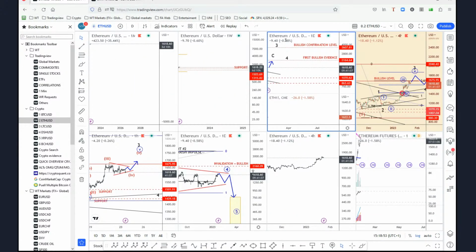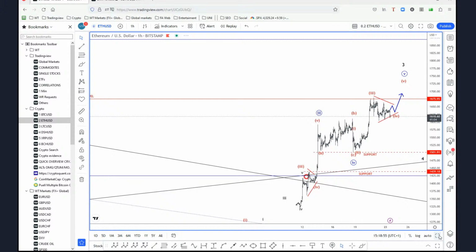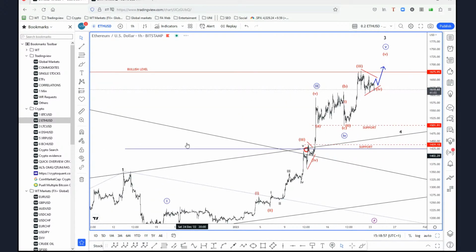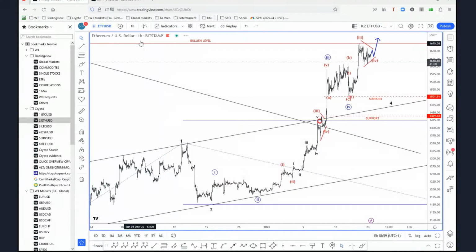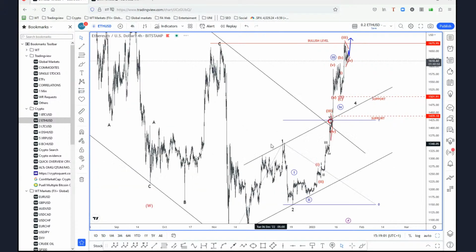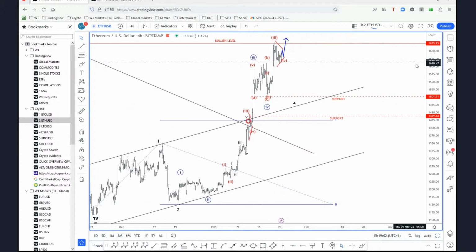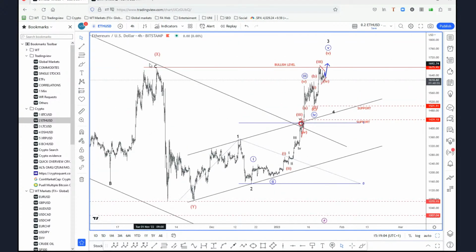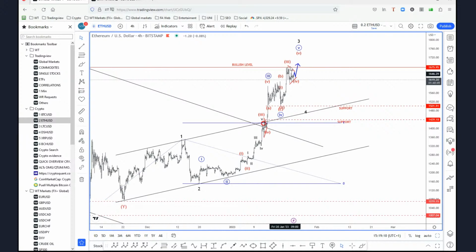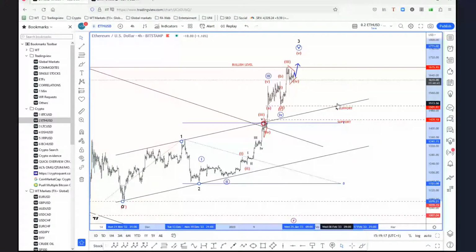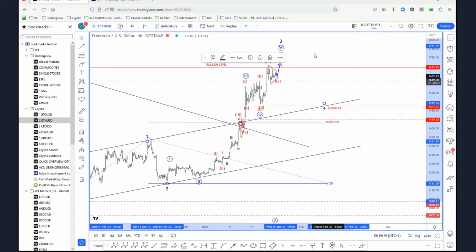And if you look here on the hourly chart, or I will switch this to 4-hour, you can see that we are testing this resistance going back to November. So clearly this could cause some consolidation. Maybe we'll see another push to the upside, but eventually I think that another higher degree wave 4, similar to Bitcoin, will show up.